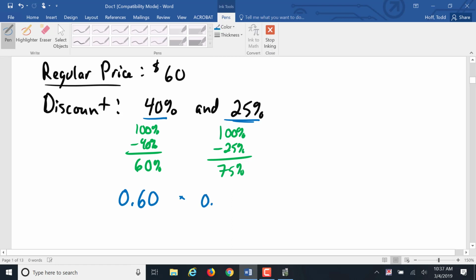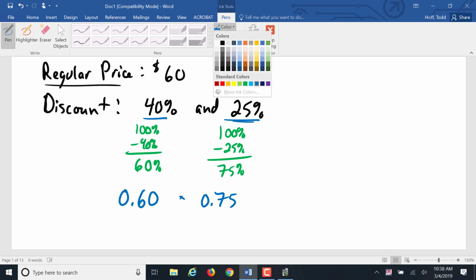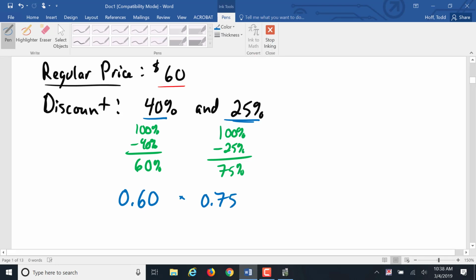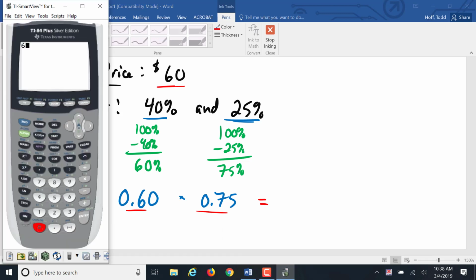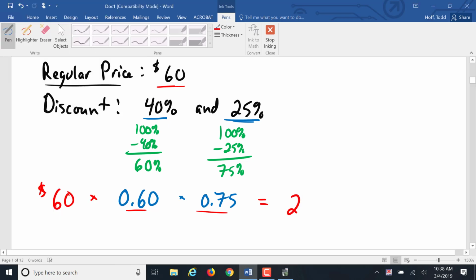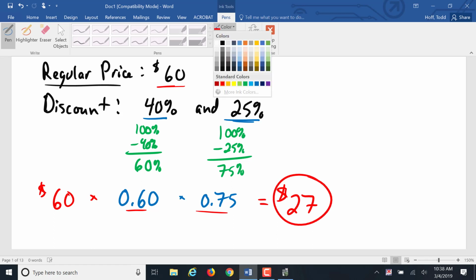That turns into a decimal or a rate of 0.75. And to find our final price, we take the regular price of $60 times those two rates. So 60 times 0.60 times 0.75 is $27. So that would cost $27 after those two discounts.